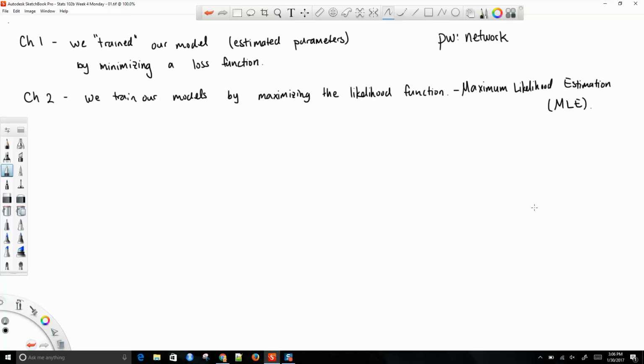Okay, and so again in this case we'll just start with the simple linear regression example, because I think it gives us an idea of just the idea that we have a model of our data and we're trying to estimate parameters. So again, we'll use linear regression as our example.